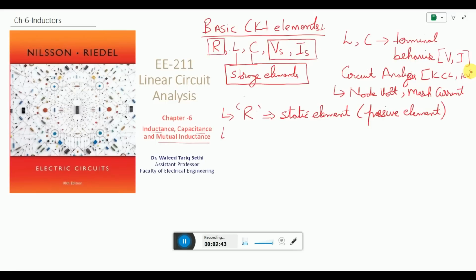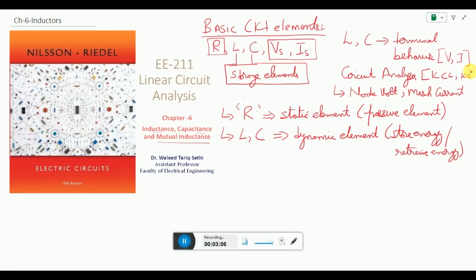On the other hand, the elements which store energy, in our case inductors and capacitors, are called dynamic elements. Dynamic elements because they can store the energy, and if we want, we can retrieve that energy.